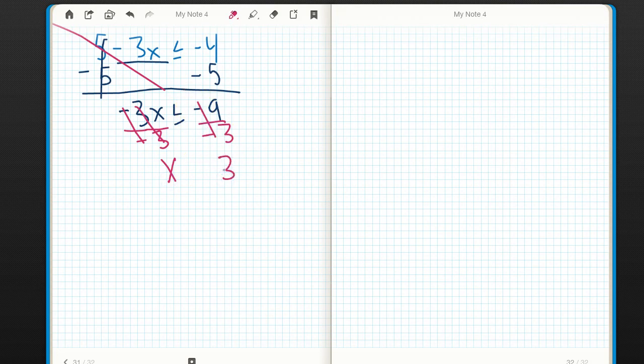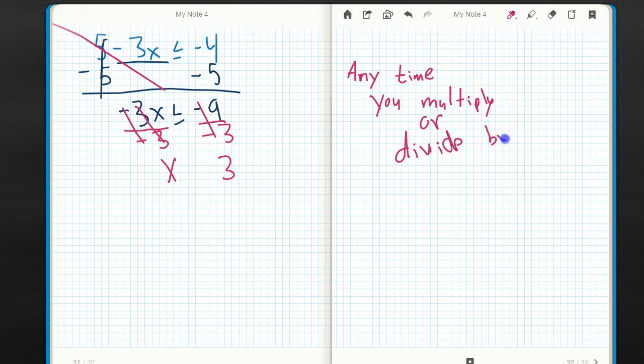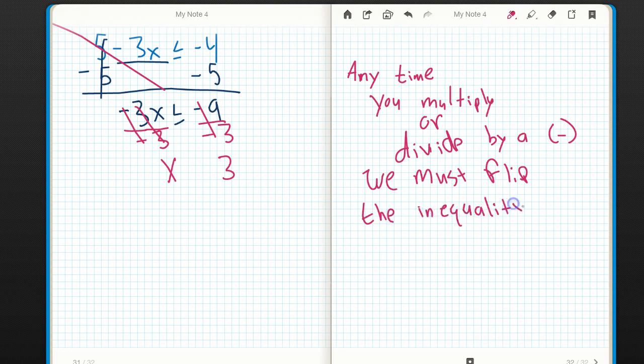Now, anytime, so let me write this down for you. Some of y'all don't know how to spell. So, anytime you multiply or divide by a negative, we must flip the inequality.